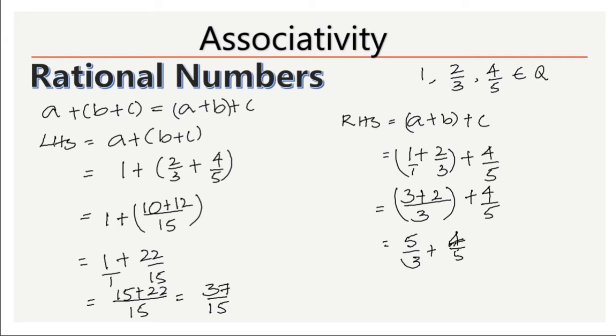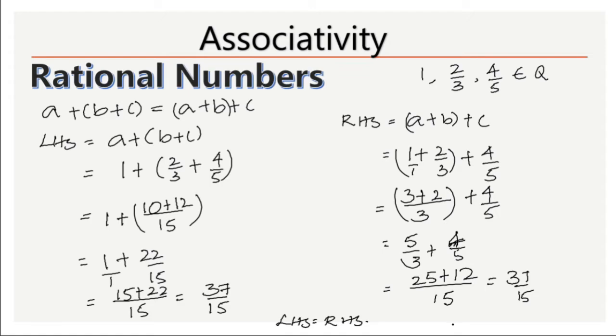The LCM of 3 and 5 is 15. If 15 is the LCM, this 5 to be multiplied by 5, it becomes 25, plus this 4 to be multiplied by 3, it becomes 12. We get the sum as 37 by 15. Hence the left hand side and the right hand side are equal. Hence we have verified the associative property of rational numbers under addition.